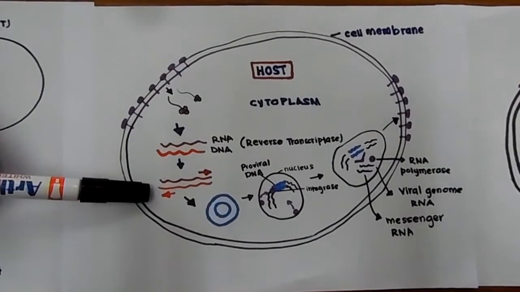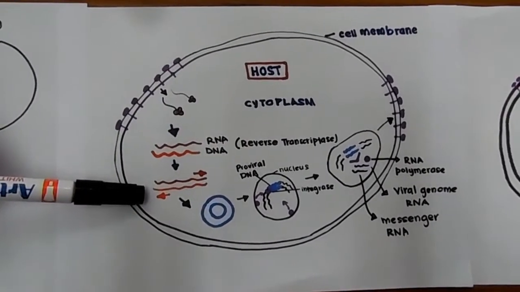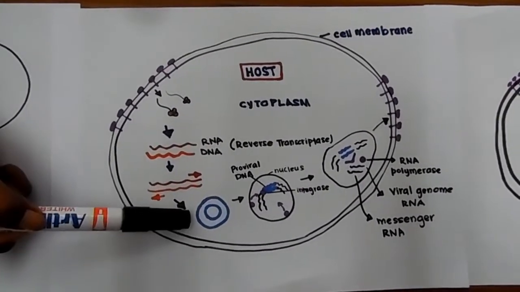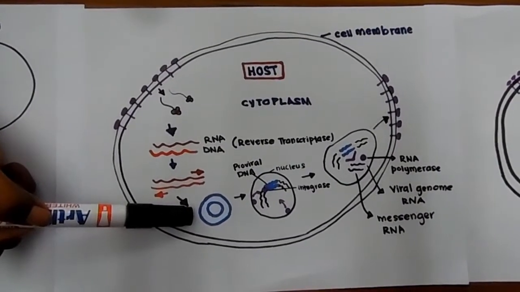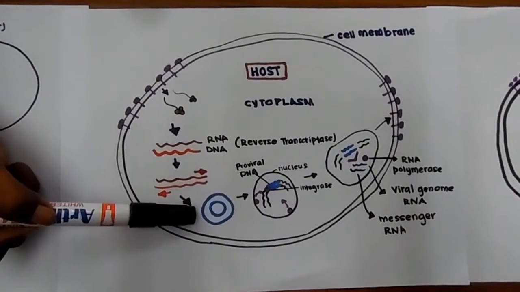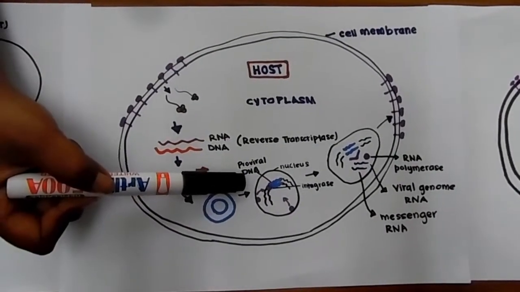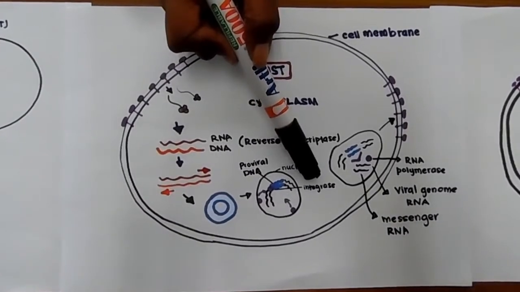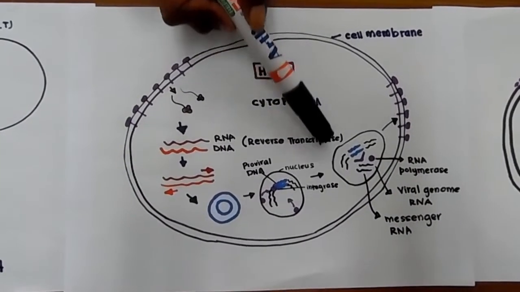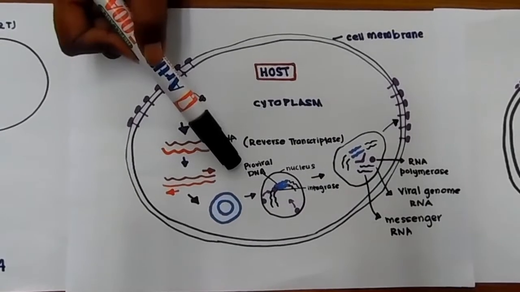The double-stranded DNA is joined non-covalently to form circular DNA. The circular DNA then moves into the nucleus and inserts itself into the host cell chromosome by the viral integrase enzyme. The integrated DNA is now known as proviral DNA.